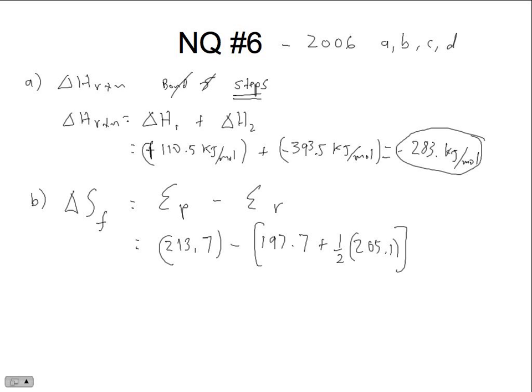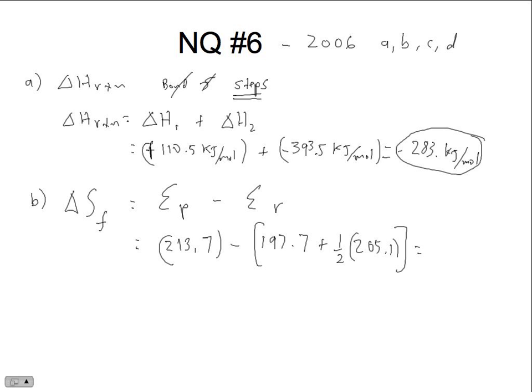Okay, we're going to solve this for delta S. We're going to take 205.1, we're going to divide that in half, and add 197.7. Then we are going to subtract that from 213.7.